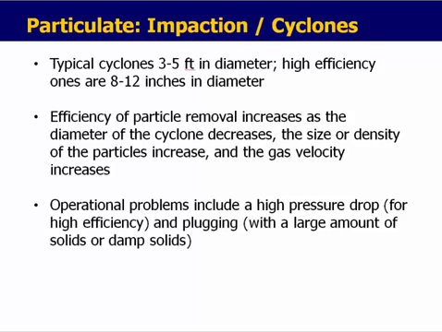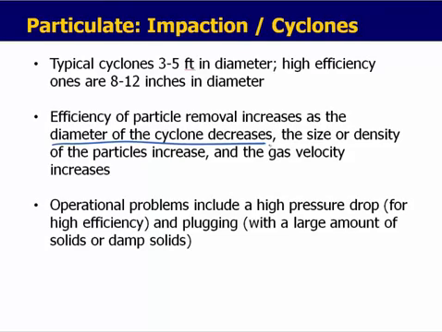Typical cyclones range 3 to 5 feet in diameter, and high efficiency ones are around 8 to 12 inches in diameter. The efficiency of particle removal increases as the diameter of the cyclone decreases. As the diameter of the cyclone decreases, the velocity of the gas stream increases because it's moving through that smaller diameter. This creates the higher efficiency case.